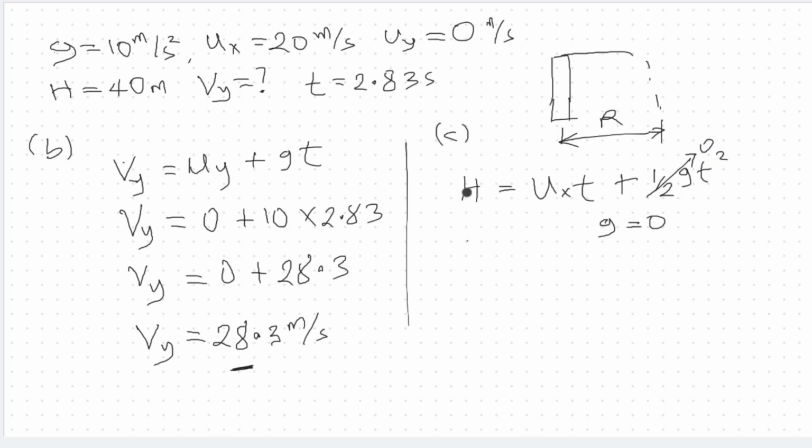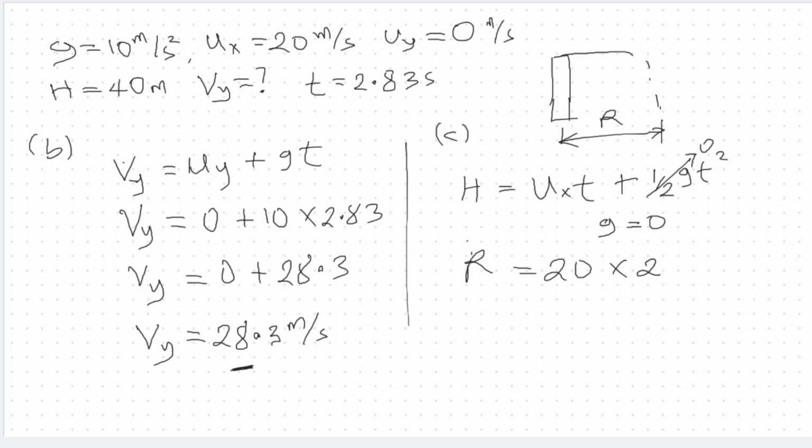So this h now becomes R. The u_x will be our 20, so 20 times t, and our t here will be our time for the journey, 2.83.